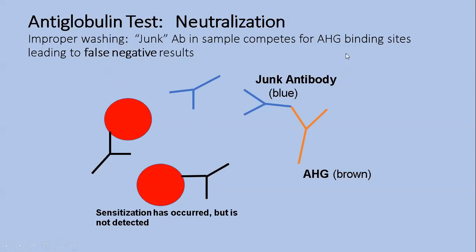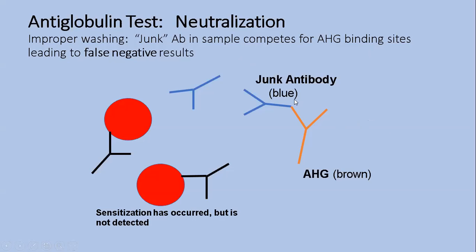So when we add our AHG, our anti-IgG, which I have designated as the brown antibody, when the AHG hits this tube, it's anybody's guess what it's going to bind to, because its target is IgG. So we have IgG that's floating around free, and we have IgG that's bound to red cells. Whichever one it comes into contact with first is what it's going to bind.